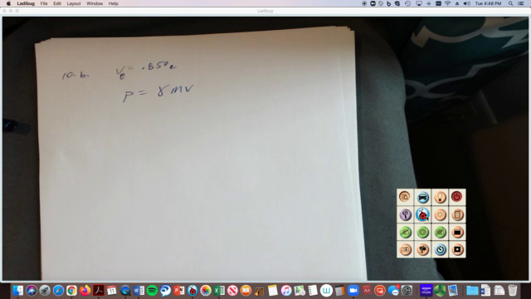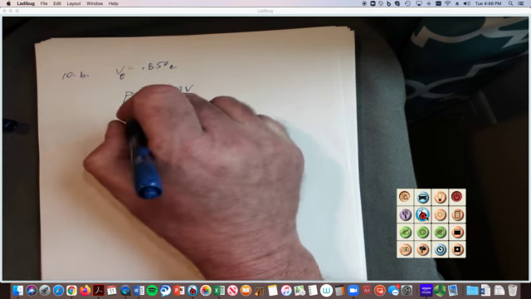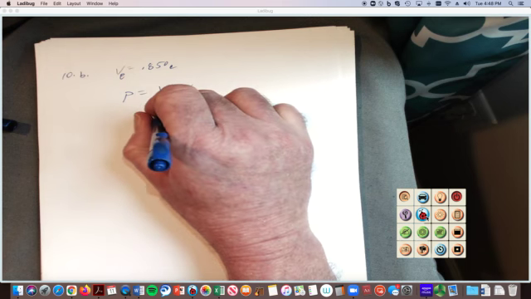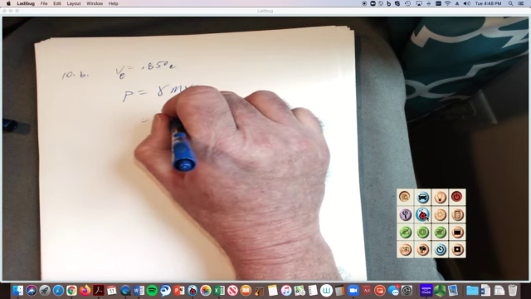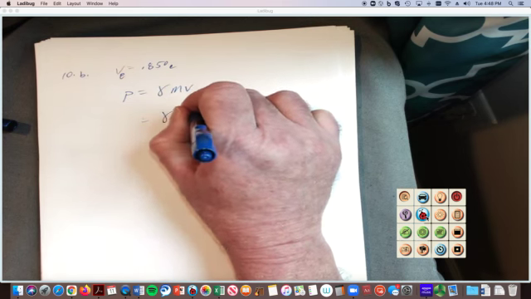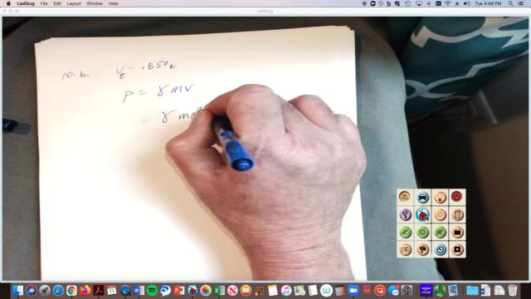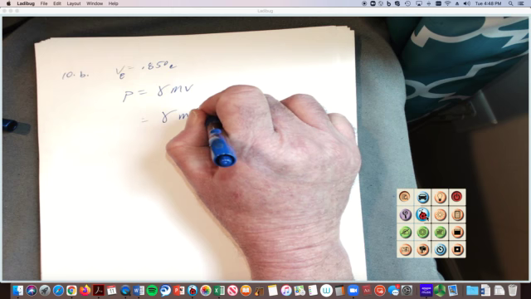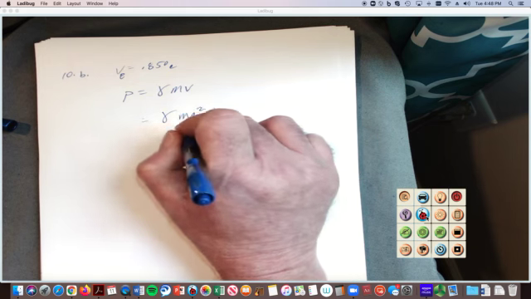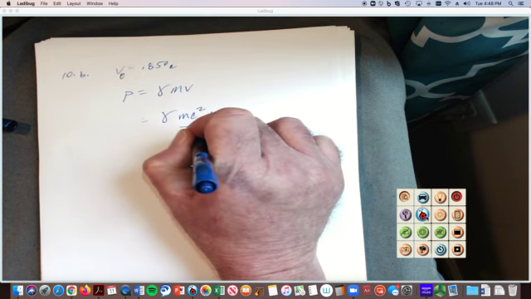Well, we know that the electron has a rest mass, right? So we can do gamma times mc squared times v over c.